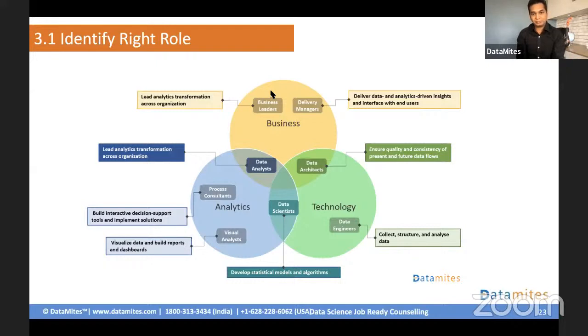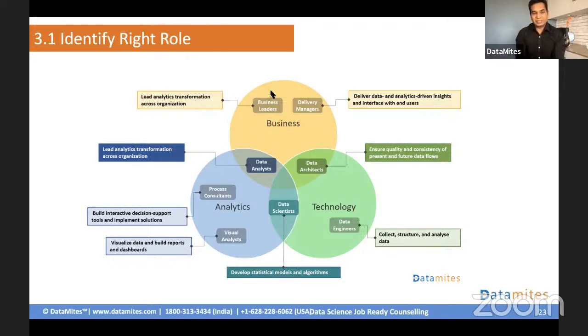Interestingly, in the job market, most of these roles are called data scientists, whether it's data science architect, associate data scientist, chief data scientist, or simply data scientist. But what you do as a data scientist might vary based on which phase of the project you are handling. You broadly know this diagram.